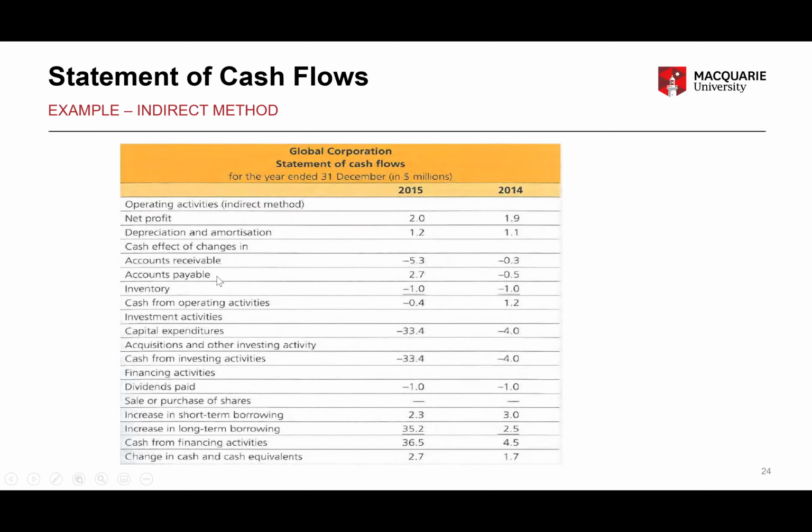Sometimes, if we're trying to construct this statement, we may not know all of those individual cash inflows and outflows for operating activities. For example, if we're trying to find the cash received from customers, it might not be obvious because we might have been selling our goods for both cash and on credit. The customers will pay back what they owe us at some point, but the timing of that might not be known.